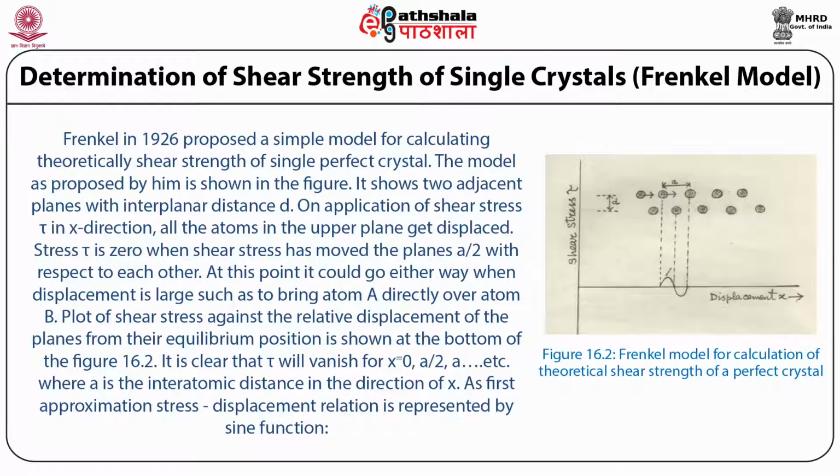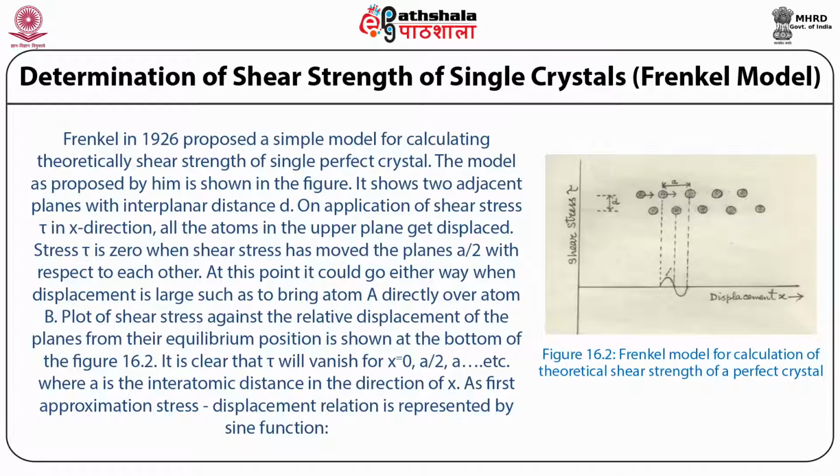It is clear that tau will vanish for x equal to 0, a by 2, a, etc., where a is the interatomic distance in the direction of x.